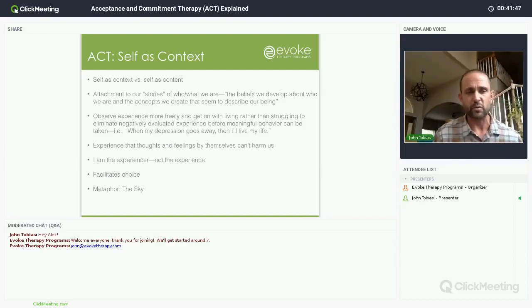Self as context: one of the things I will often do, and this is a very simple thing I'll show you, is ask a client to hold up their hands in front of them, and I'll say, tell me something that you struggle with. Maybe they say anxiety. I'll say, okay, let's say that your hands are your experience of anxiety.